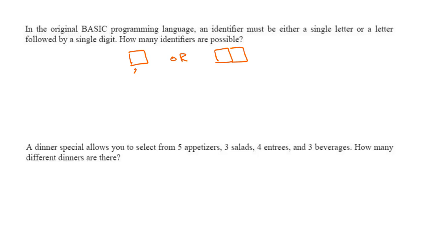We could choose one of 26 letters, or we could choose 26 letters followed by a digit, with 10 choices there. Because OR is always an addition, I have 26 plus 26 times 10, which is 26 plus 260, which is 286 different identifiers.